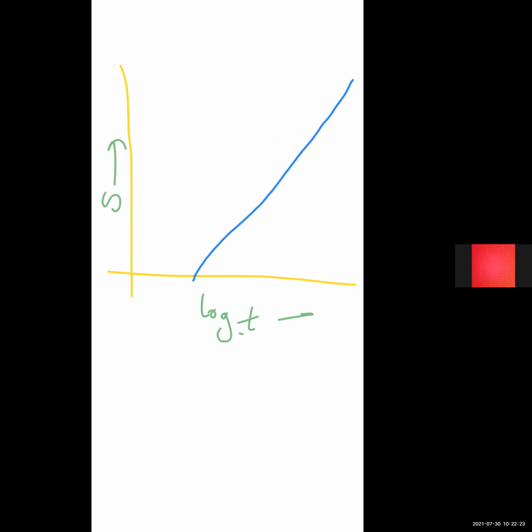So the graph is drawdown versus log t, with drawdown s on the axis. We find a straight line. Here is the value t naught, this is t1, and this is t2.